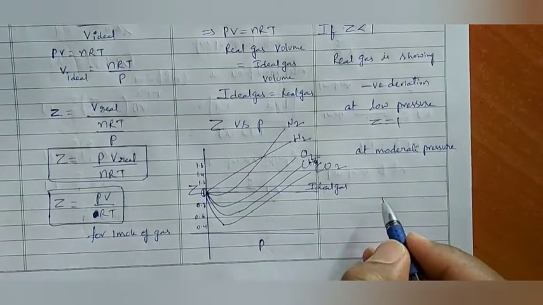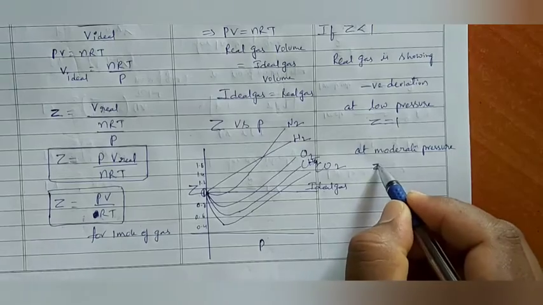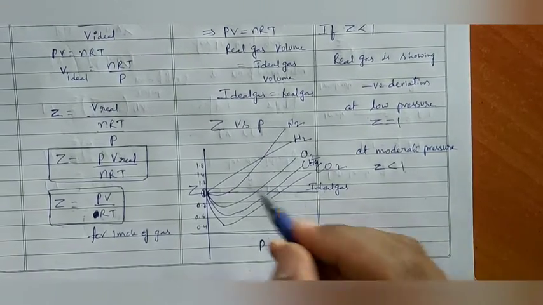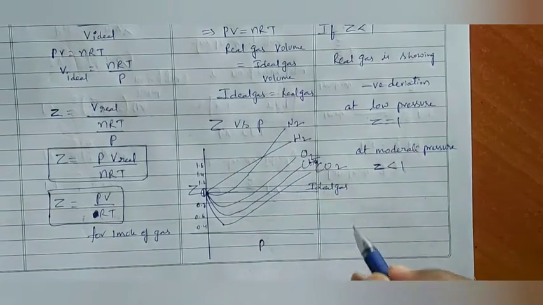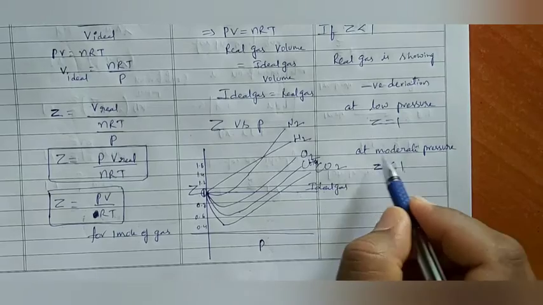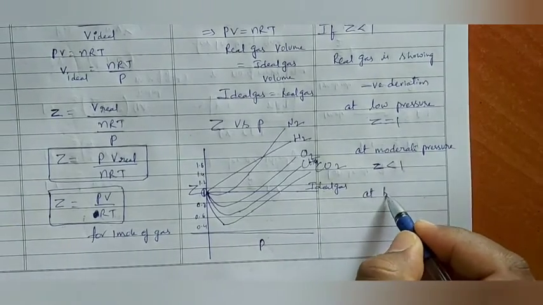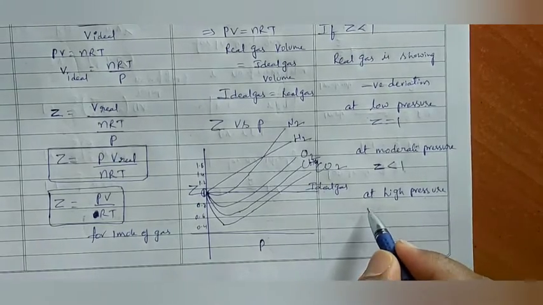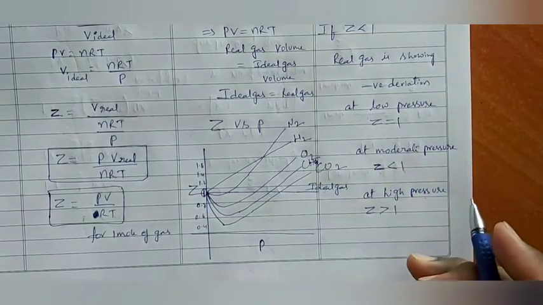At moderate pressure, means this region, for maximum gases, Z is less than 1. But for hydrogen and helium, that is exception. Finally, I will mention that one. See, at moderate pressure, Z is less than 1. At high pressure, Z is greater than 1 for all the real gases.